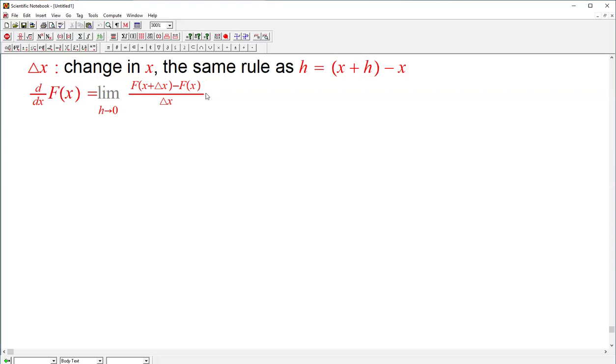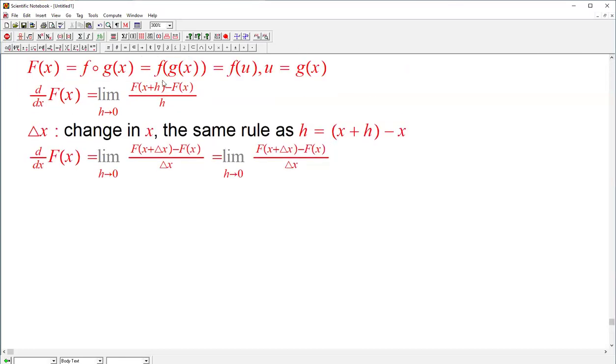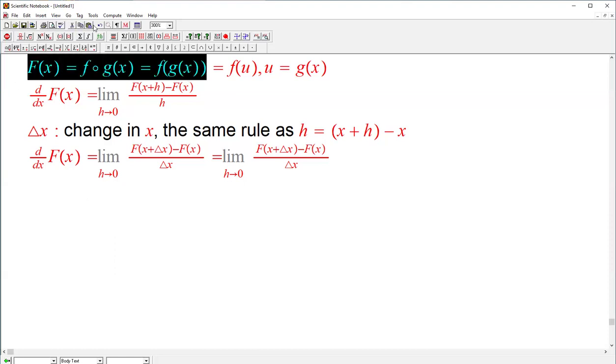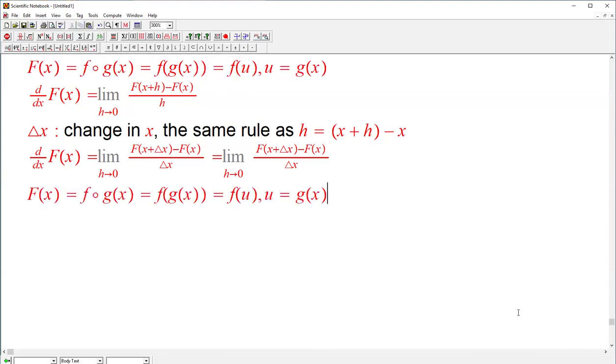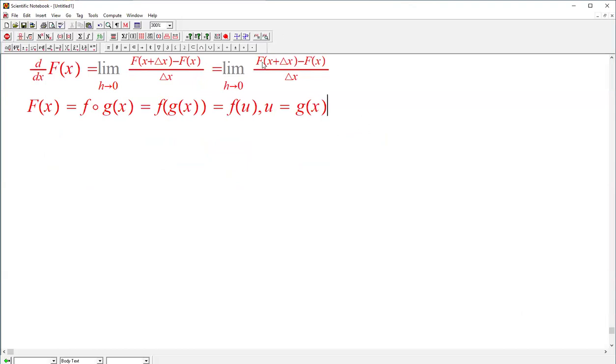Now, if we introduce the composition, because capital F of x is equal to f of g of x, we look at what capital F of x plus delta x is. We replace x by x plus delta x.